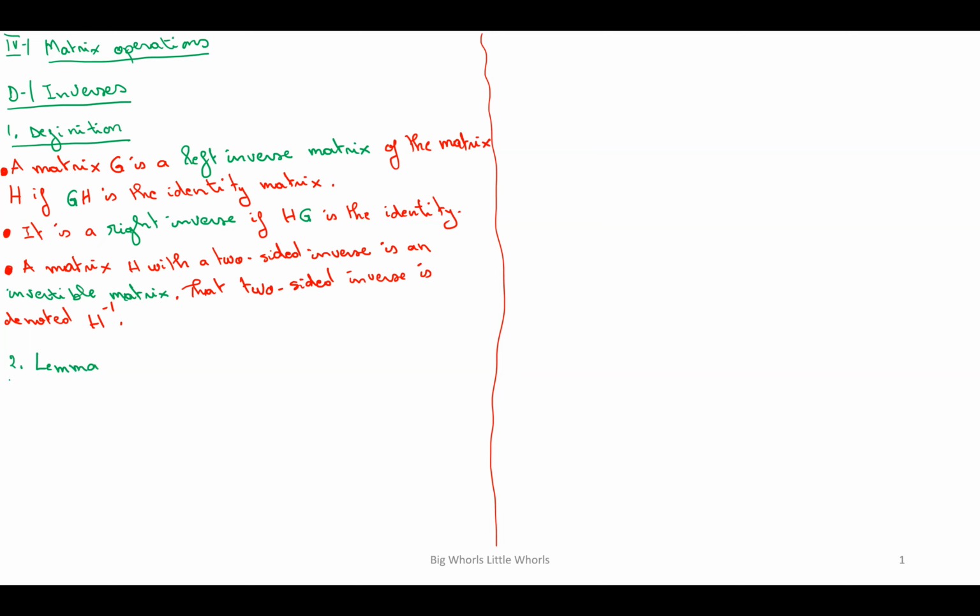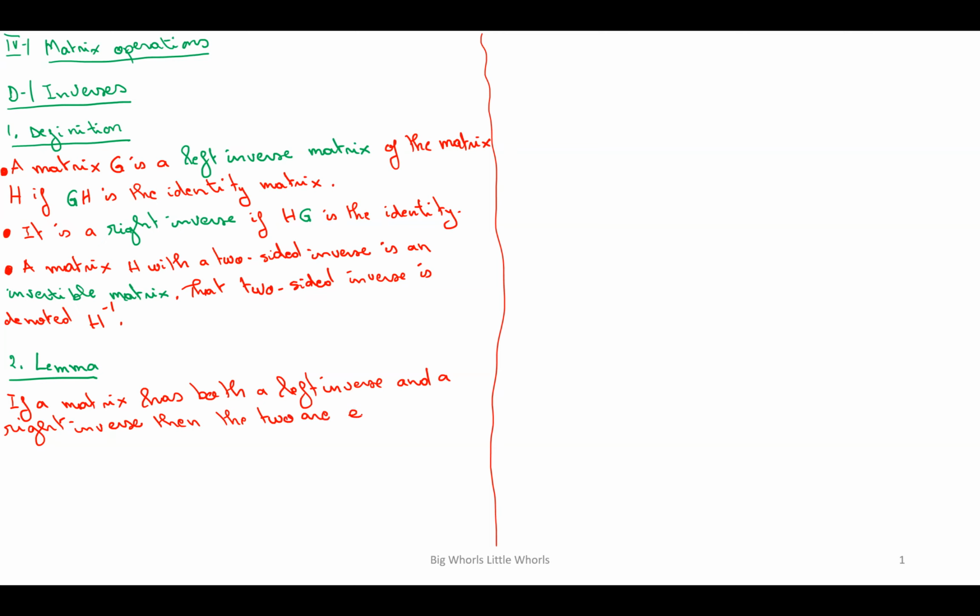Let's continue with the lemma. If a matrix has both a left inverse and a right inverse, then the two are equal.